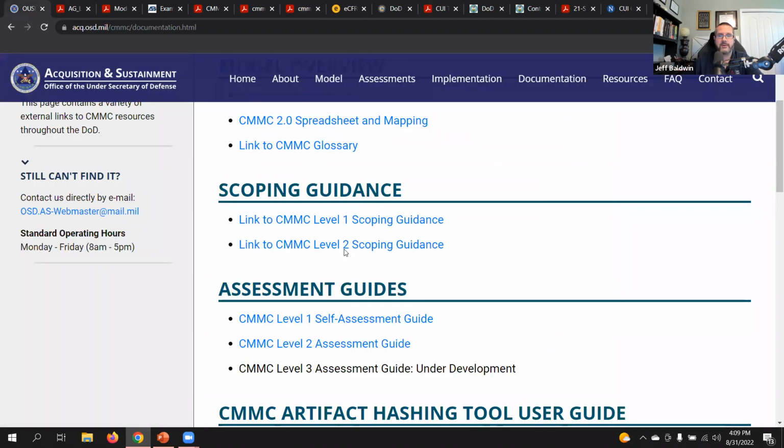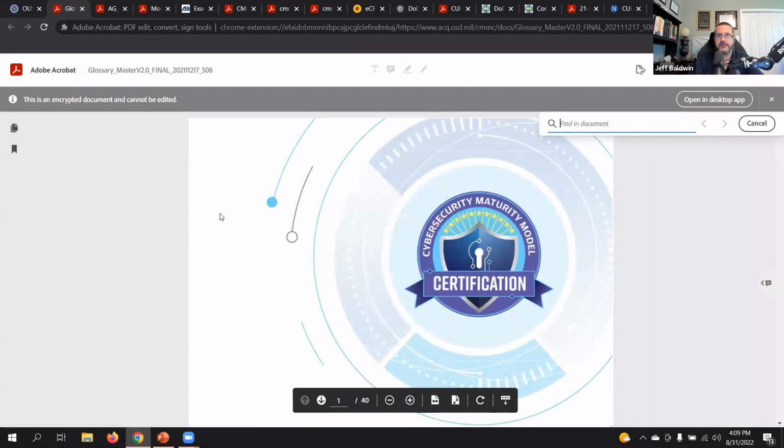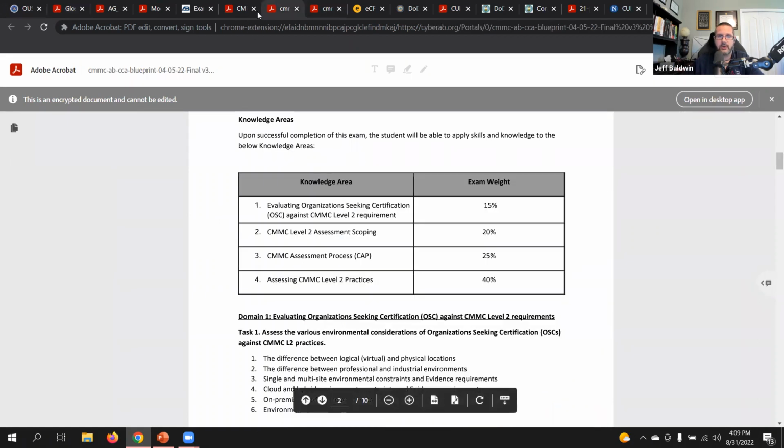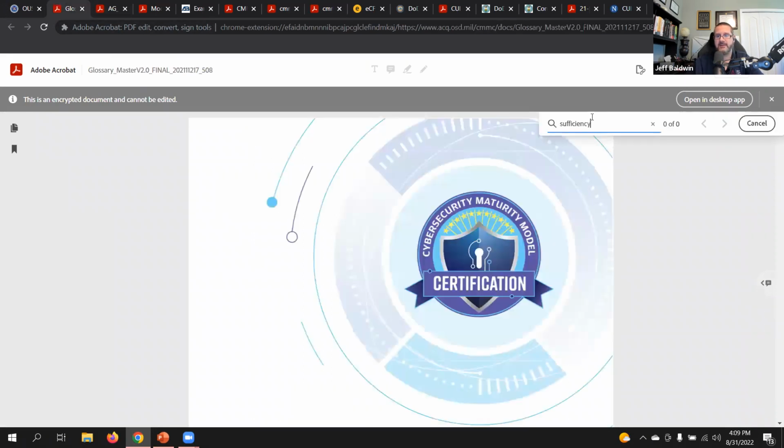So any time you've run into that, you can go to the glossary and search for sufficiency. Am I spelling it wrong? Maybe I'll just look for sufficient.